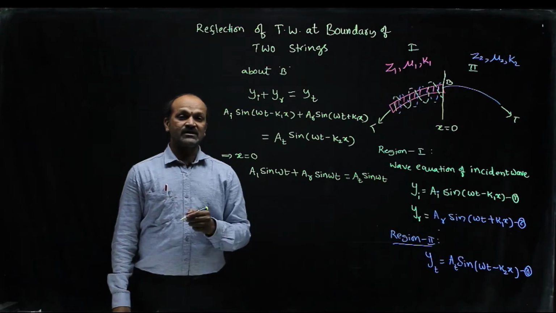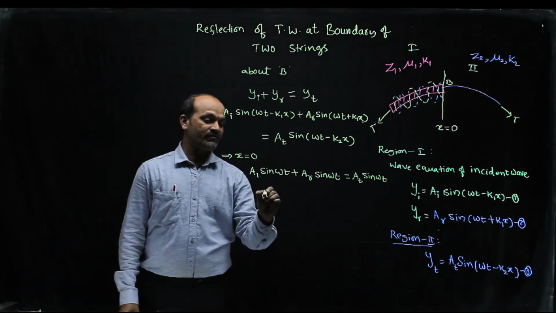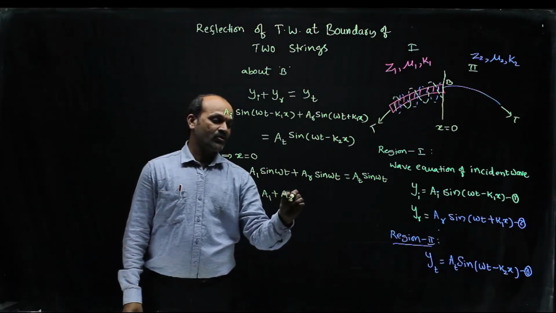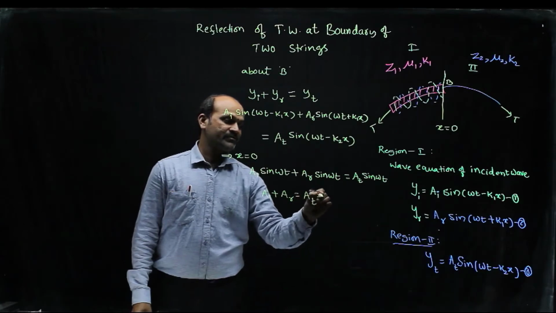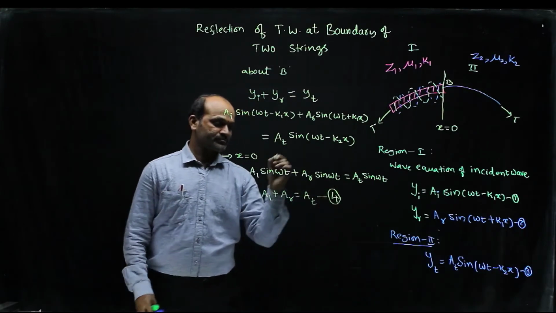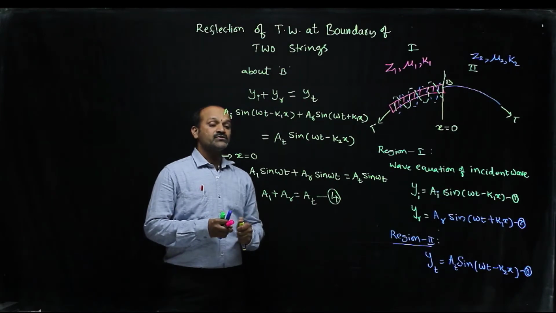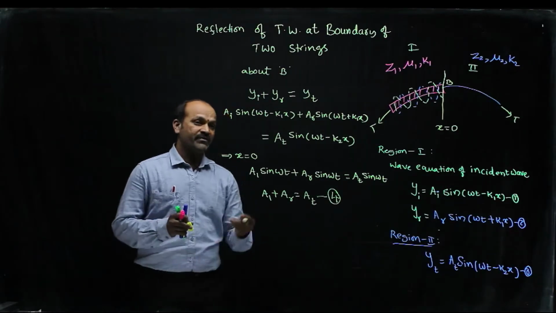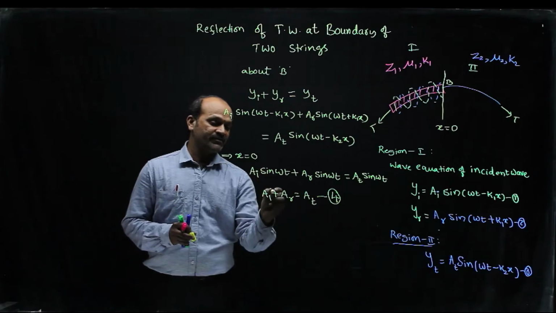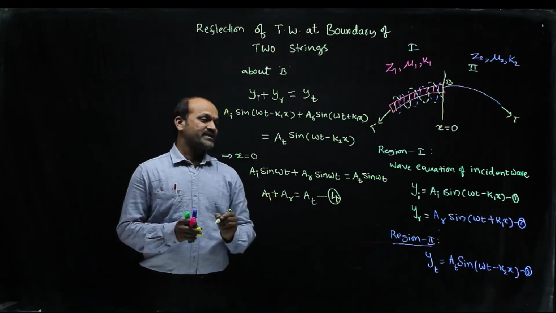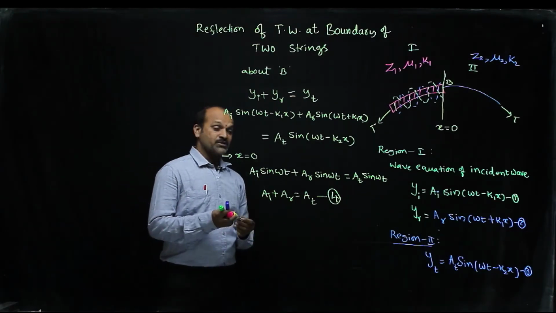We can cancel sin omega t on both sides. Now we get a1 plus ar is equal to at, equation 4. So here we got the relation between the incident wave amplitude, reflected wave amplitude and transmitted wave amplitude.